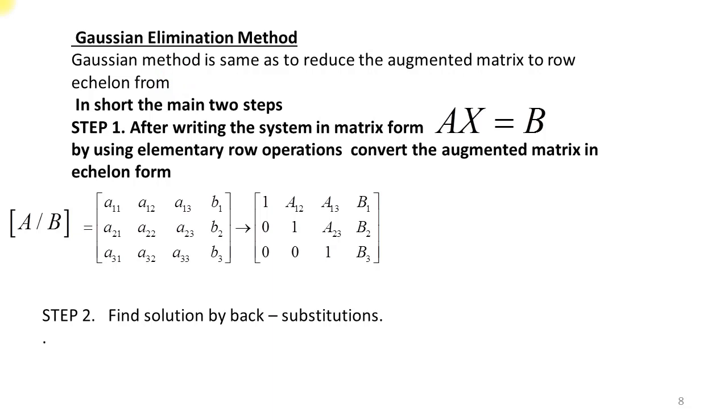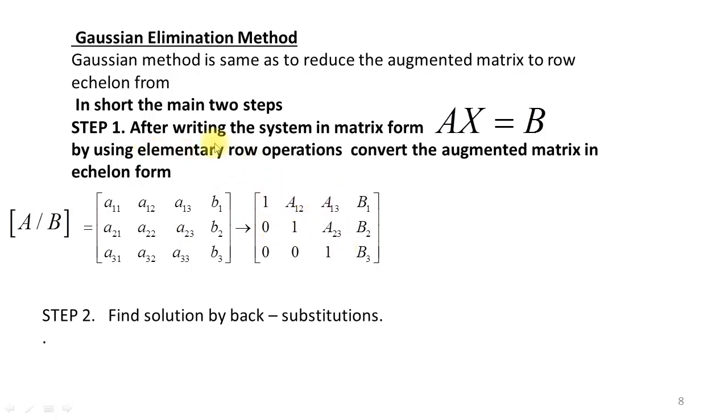And at the second stage, find the solution of the system, which we obtain from the echelon form by using back substitution. Find the solution from that echelon form of the augmented matrix. This is the augmented matrix and this is the echelon form.